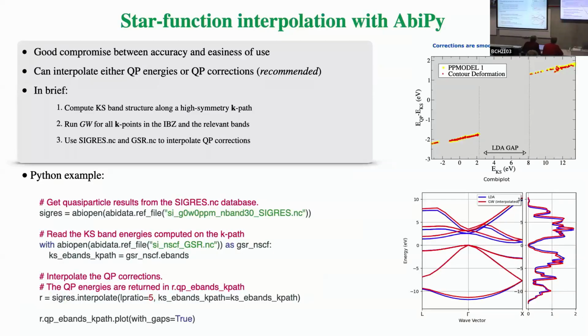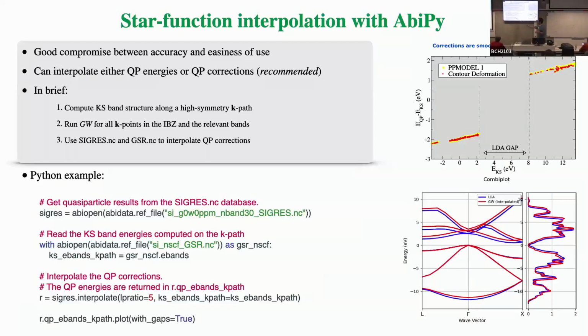But anyway, just to show you the main idea and how to automate these calculations, this is a Python script. These objects are implemented in abipy. We have an SIGRES file produced by Abinit with the self-energy corrections computed for all the k-points in the irreducible Brillouin zone.